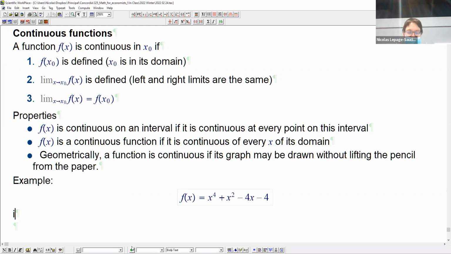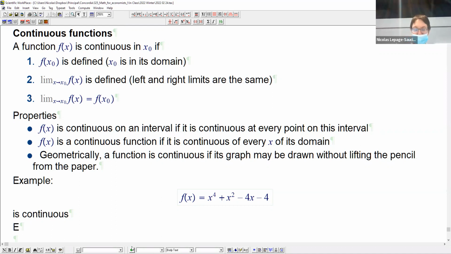Yes. It's just a sum of continuous functions. So x^4 is continuous, x^2 is continuous. I'm going to mostly say what can go wrong, so you can be on the lookout. But if you look at just something polynomial like this, no worries. It's pretty continuous.